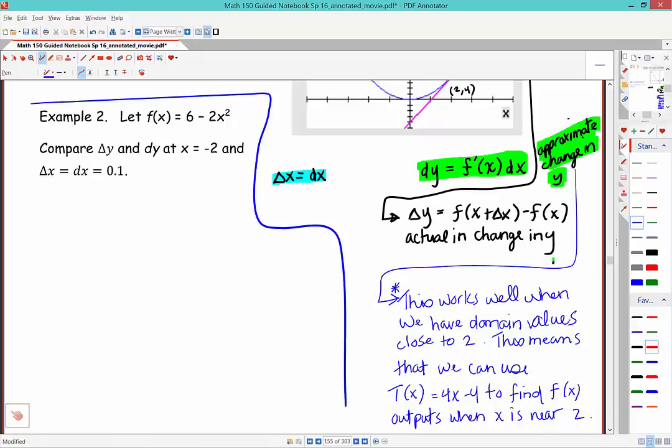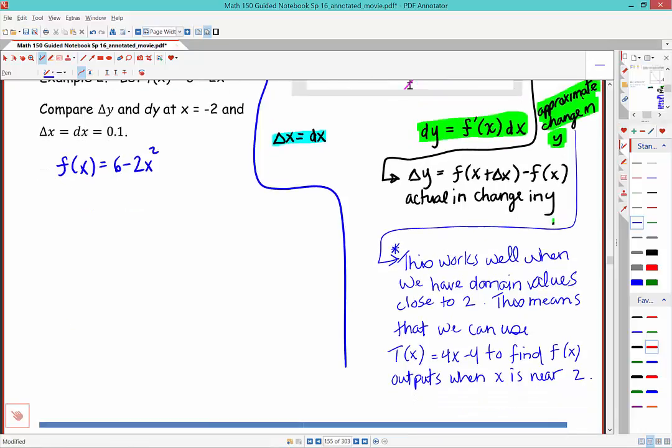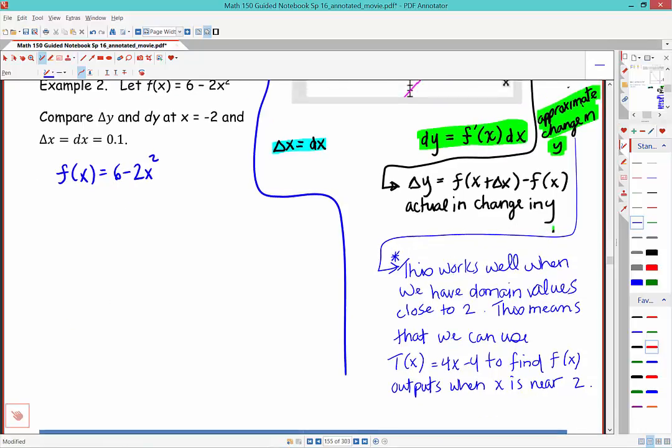So what do we need to do? We need to find what is delta y and what is dy.